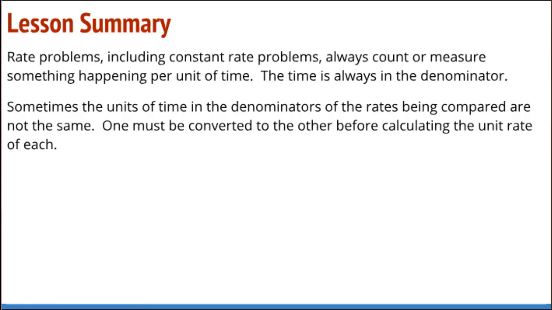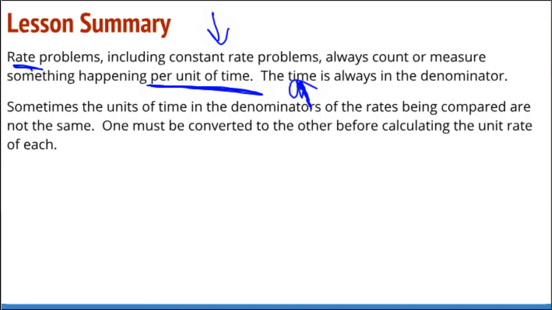All right, so taking a look here at the lesson summary. So rate problems, and that includes constant rate problems, meaning things that are happening at the same rate. They always count or measure something happening per unit of time, per minutes, per seconds, per days, per hours, per millisecond. And we put the time in the denominator.